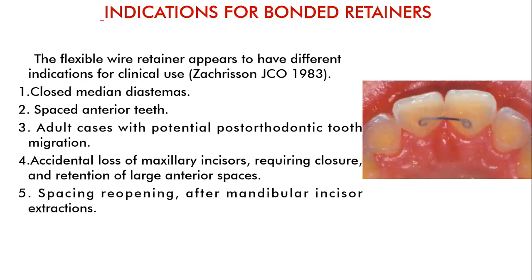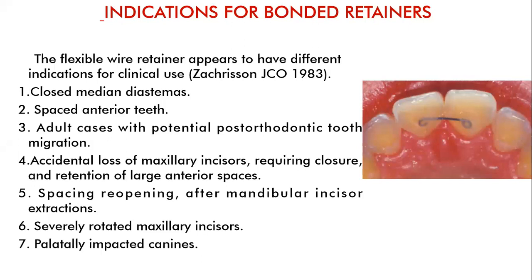Even, you remember if we did single incisor extractions, especially in the lower arch, even to prevent those kind of space reopenings, you can give these. We spoke about rotated tooth. Apart from the CSF, you also prefer a fixed retainer or a bonded retainer in such rotated teeth, especially incisors. If they were impacted, crowded teeth or impacted canines that have been brought into occlusion, again, becomes an indication for these bonded retainers.